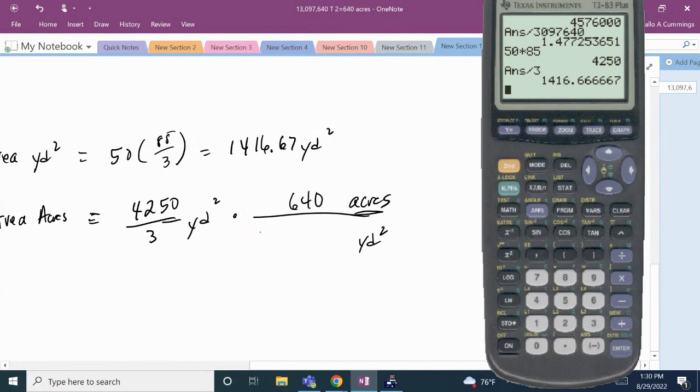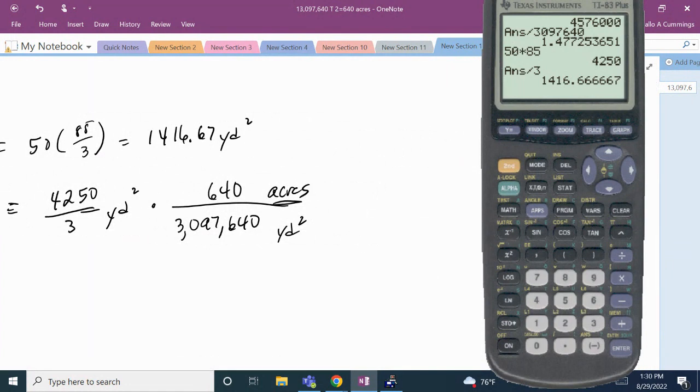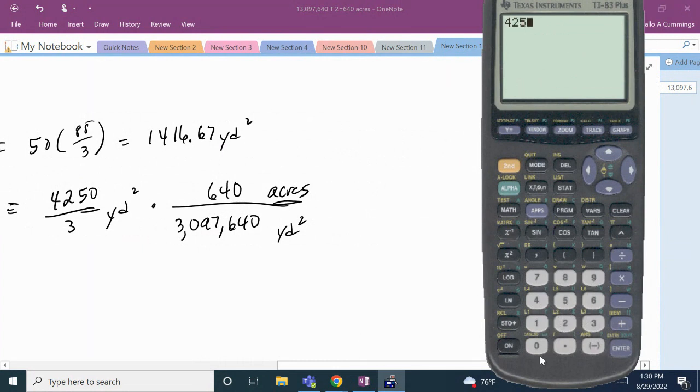Again, that conversion is 640 to 3,097,640. So I'm going to multiply 4,250 times 640 and divide that by, using a set of parentheses, 3 times 3,097,640. If we round to the nearest hundredths, we get 0.29 acres.